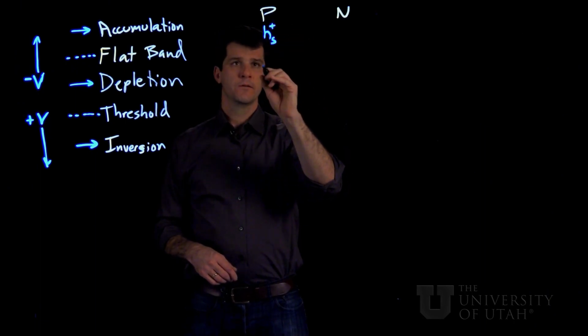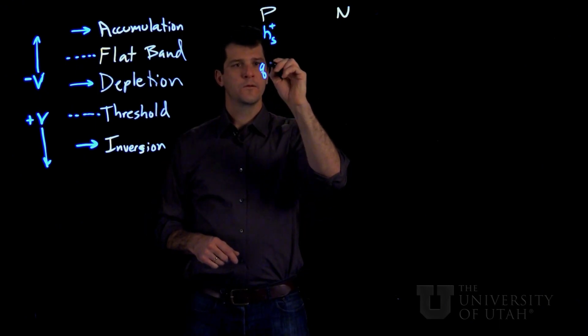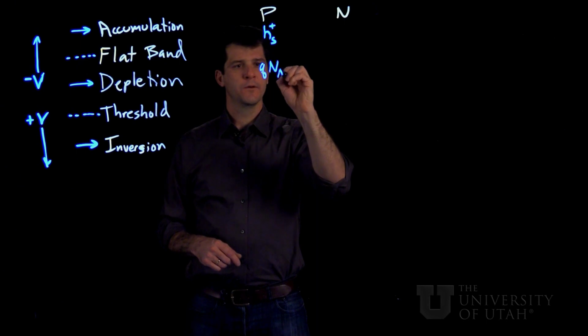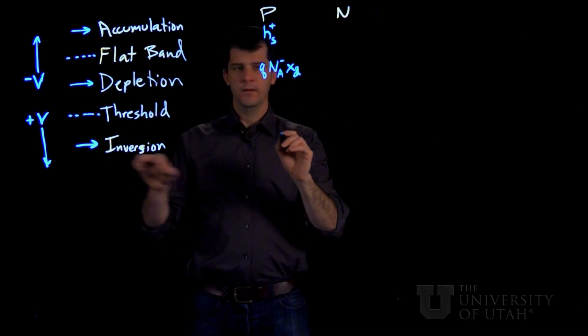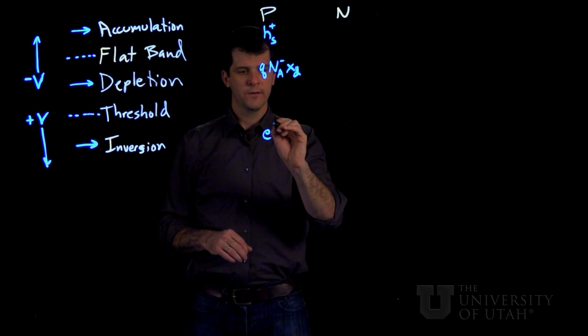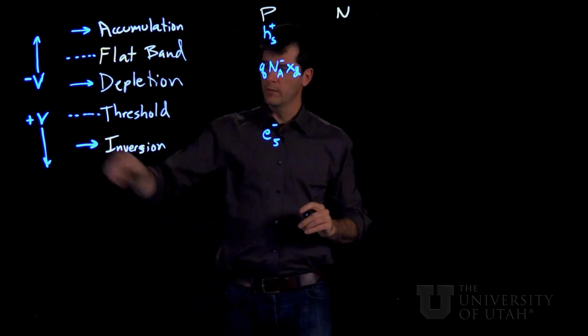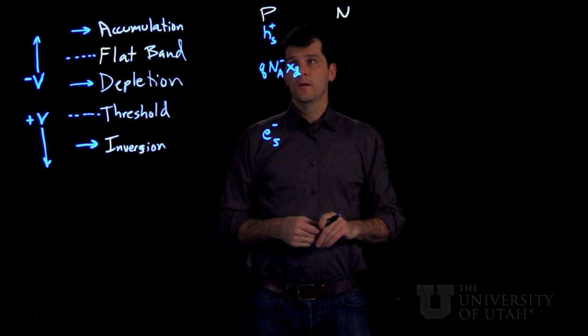In depletion, the major charge density is Q times the acceptor density, ionized acceptor density, times the depletion width. And then inversion, we're actually looking at a large surface density of electrons, which are pulled there by a positive gate voltage with respect to the 0.